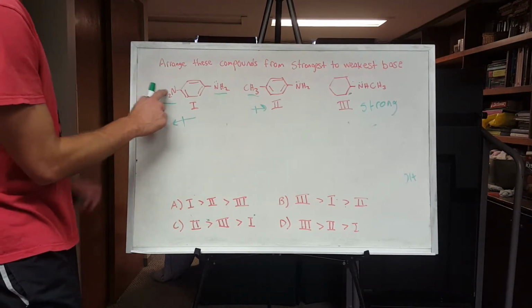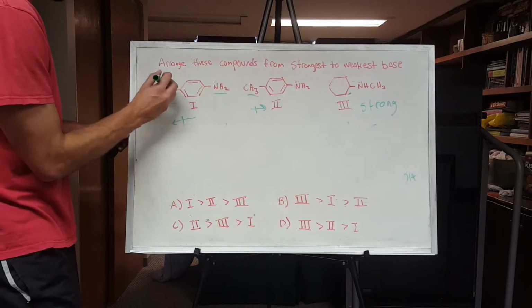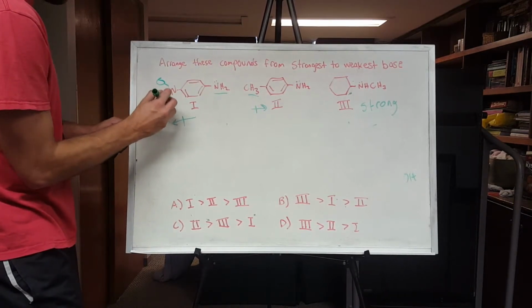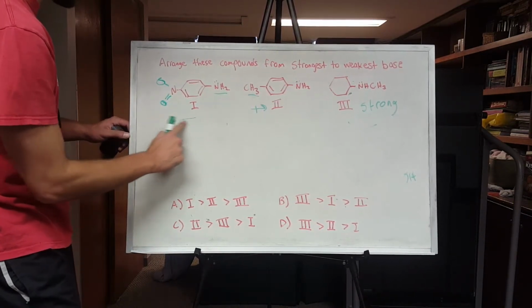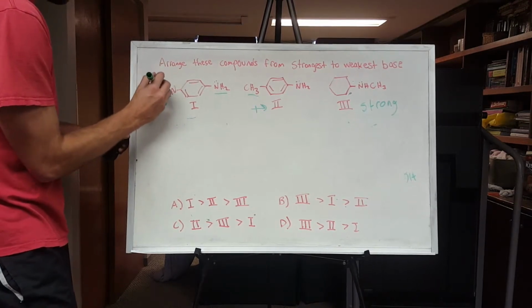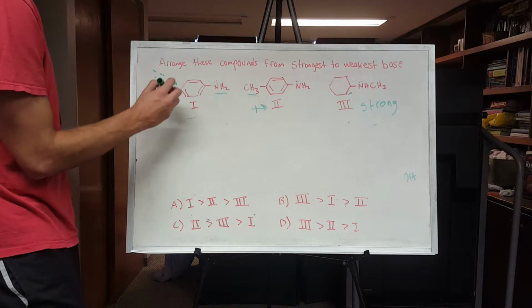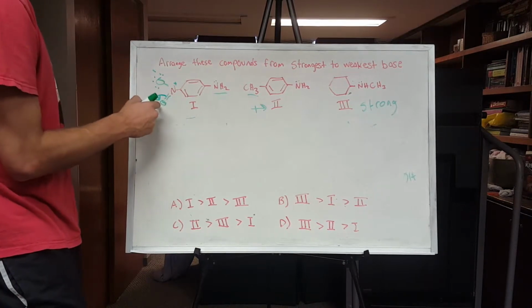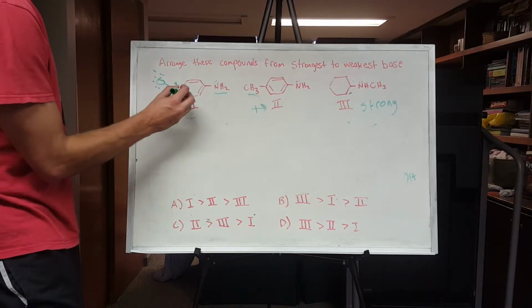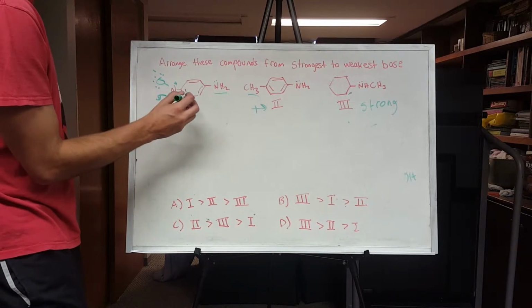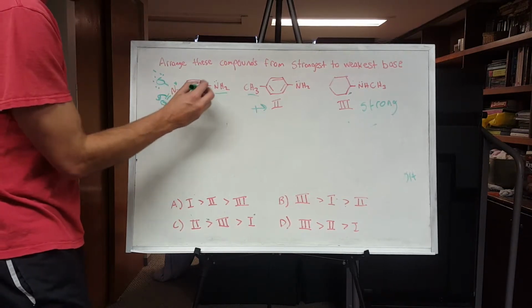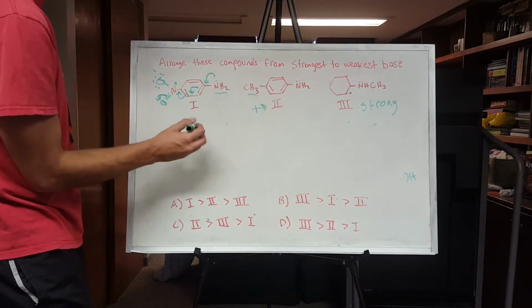So if we do resonance, let's see, this guy is O, minus charge here, plus charge here. So we can put a minus charge there, and pull some electron density out of the ring and donate this. What does it do?